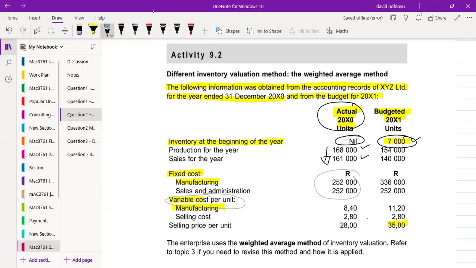Now we need to make a decision based on the variable costing system. What are we supposed to include in costing our product? Now that is a question for the group. When determining the cost of inventory for an absorption costing system, which cost do we take into account? Which cost do we not take into account?